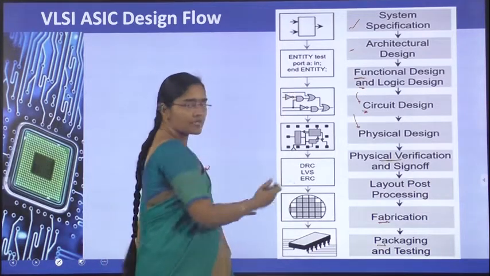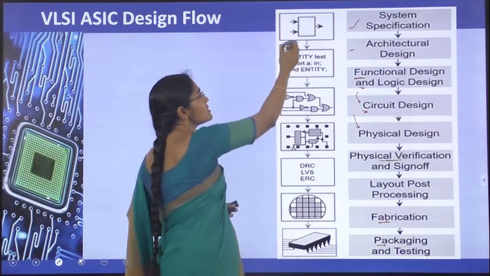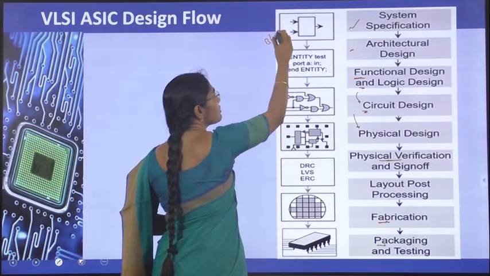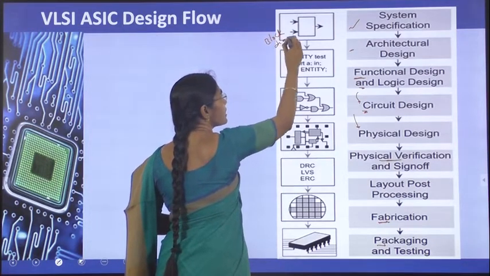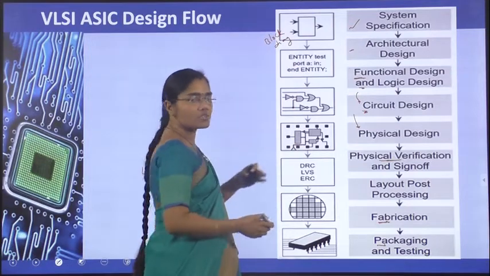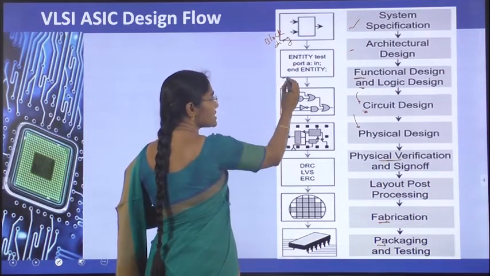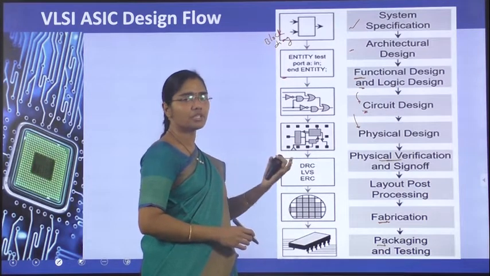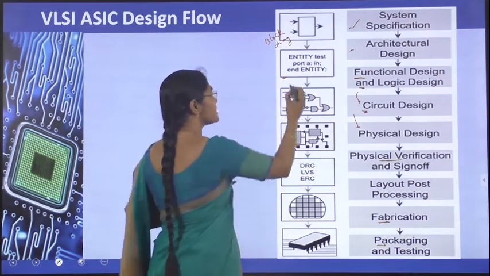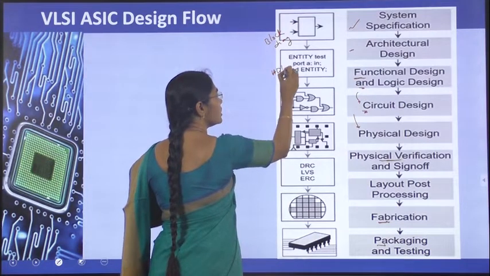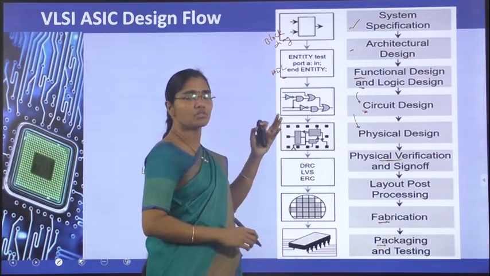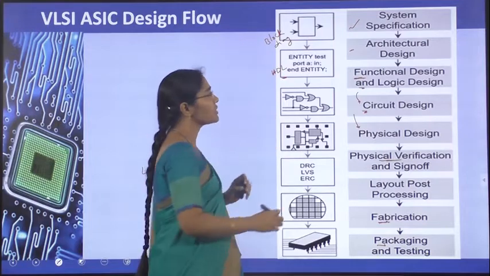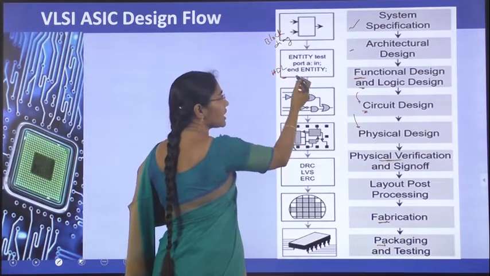Here on the left side, if you see these figures, this is the block diagram level. The block diagram level is nothing but the specifications part. Then it goes to the architectural design part. It will be captured with the help of an HDL. For example, here the HDL is shown. Of the hardware description languages, Verilog or VHDL, anyone can be used to capture that architecture.